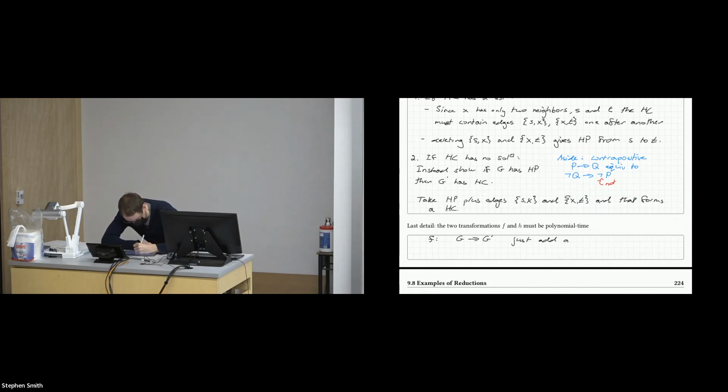Just add a vertex and two edges. Give it a check mark. And H, which takes my Hamiltonian cycle and converts it to a Hamiltonian path, just deletes two edges.